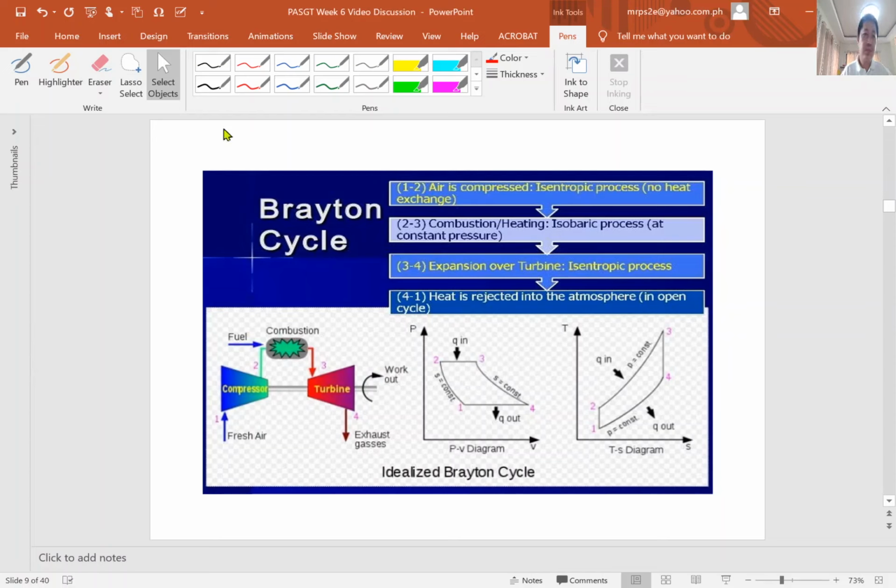So we will talk about the fundamental, which is that the gas turbine is working by the principle of the Brayton cycle. As we know in thermodynamics, these are the basic diagrams of the Brayton cycle.